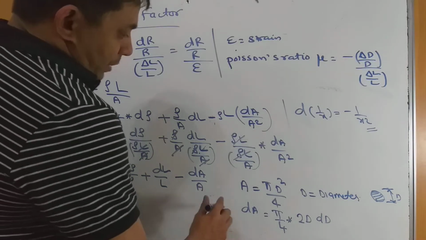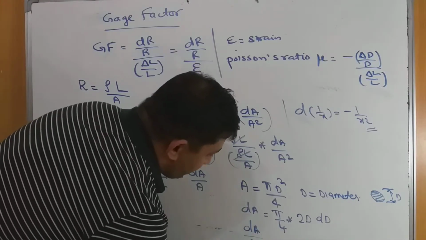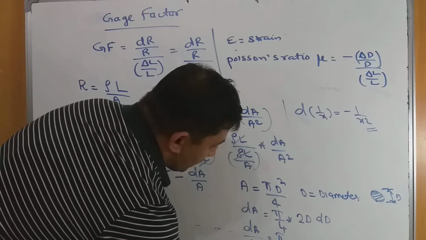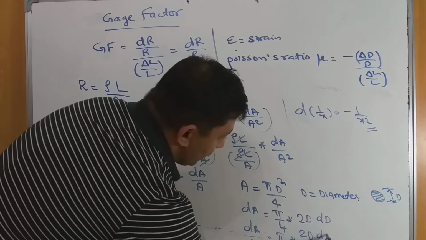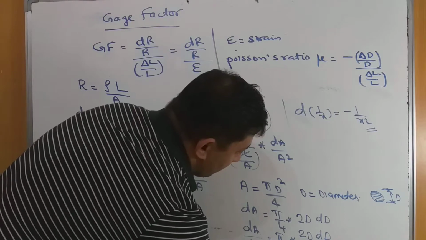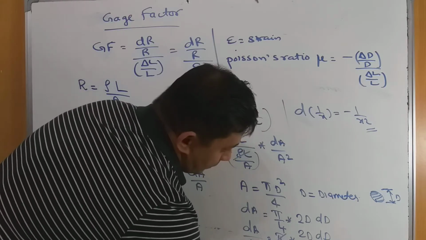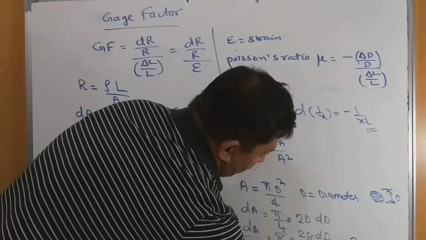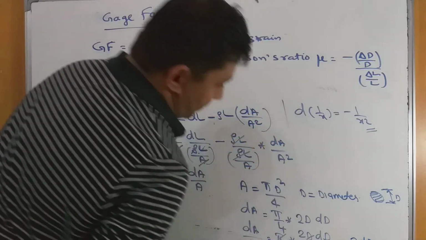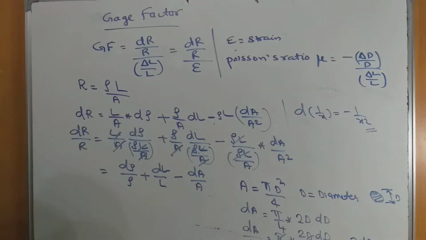So what is dA by A? Pi by 4 into 2D dD divided by pi D square by 4. These terms cancel, and we have 2 into dD by D.